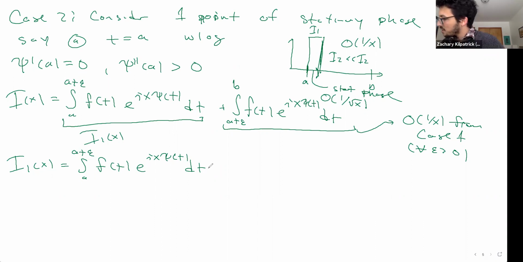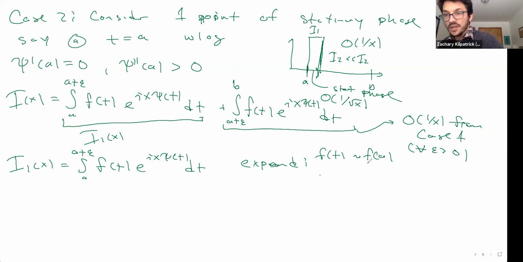Okay. So we're going to expand f of t, which is going to be to leading order just f of a, right? Because around here, the main contribution is going to be right at t equals a.